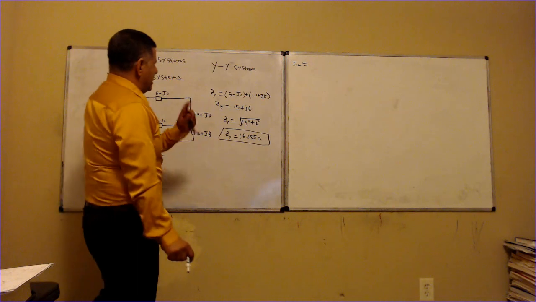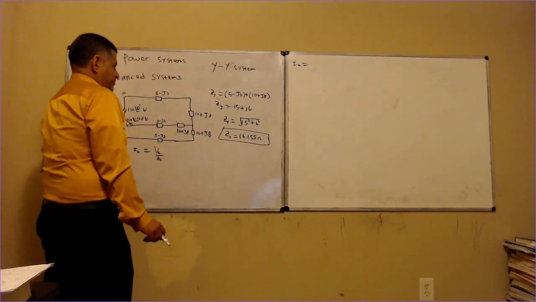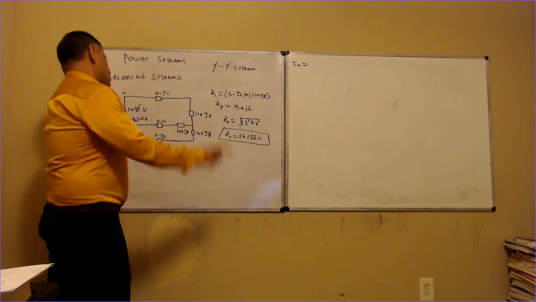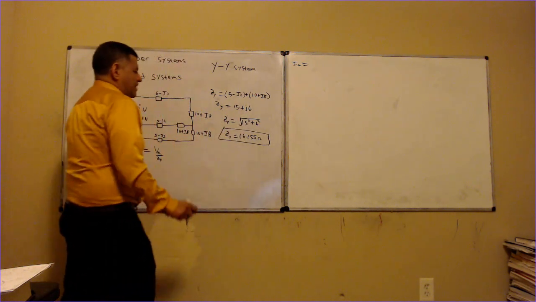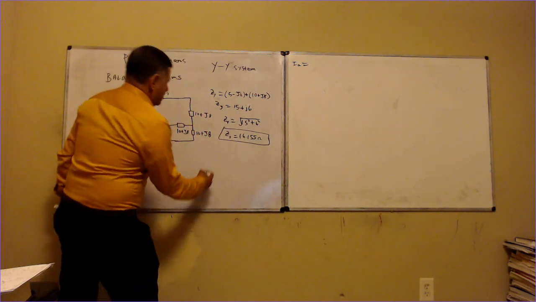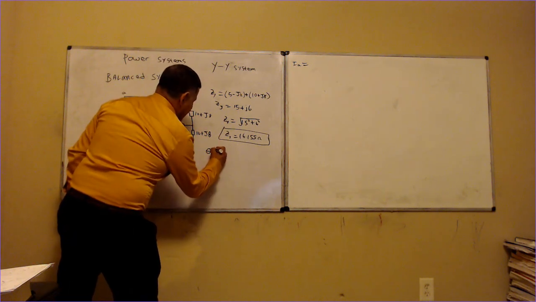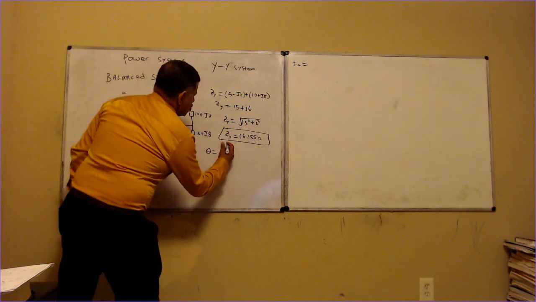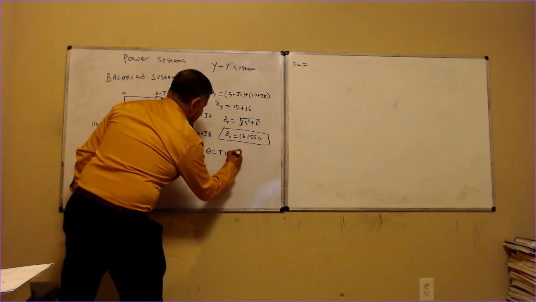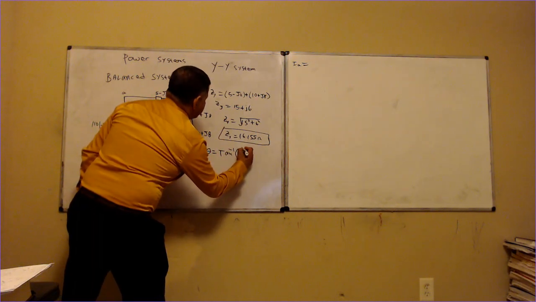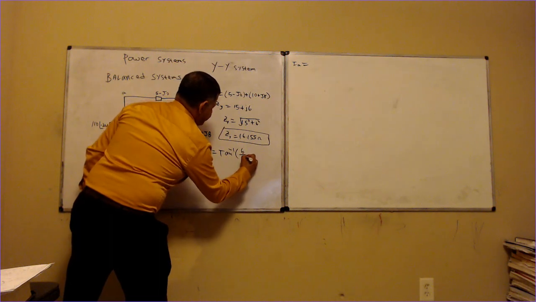But now let me do something before that. Right here, I'm still not done with this, because I have to find the angle. I have to find the angle between those, which is going to be the tangent inverse of 6/15.